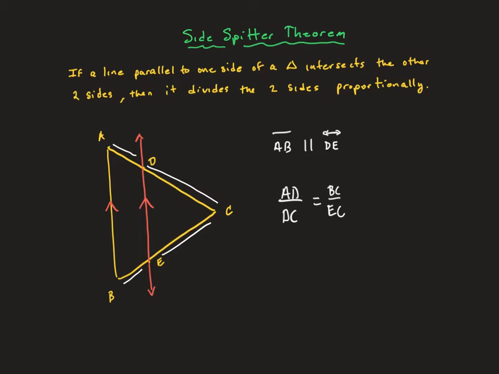And to prove that, let's see here. If we were to name a couple of angles, we'll call them 1, 3, 2, and 4.